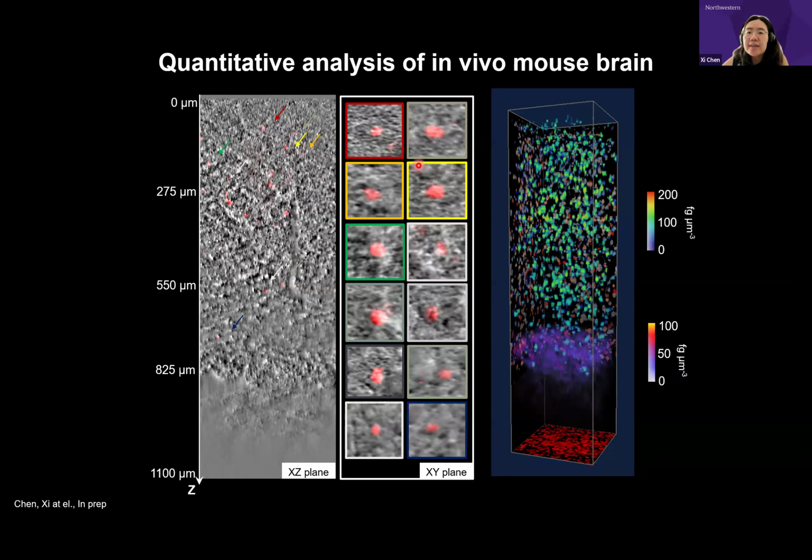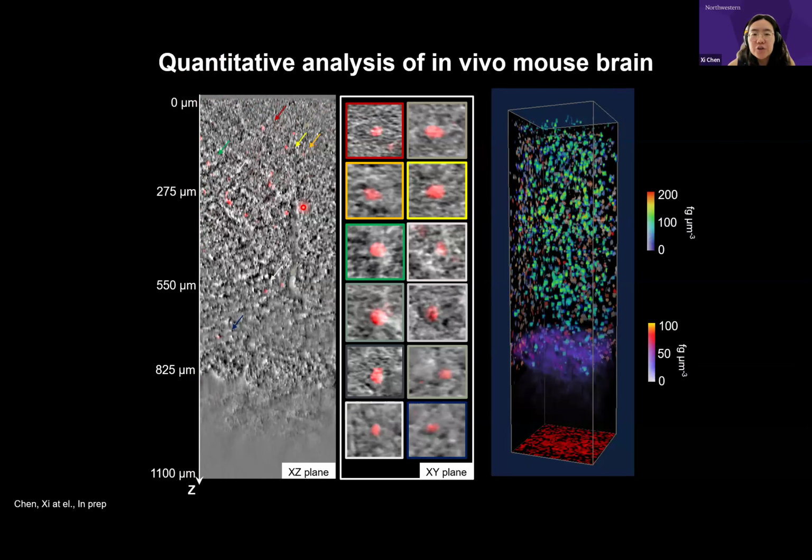So now we're interested in the nucleus. What you're looking at is a Z slice. If you have a stack of images and you slice them along the Z, you will have this. This axis is the imaging depth, the imaging Z direction, and this is the horizontal direction in the images.